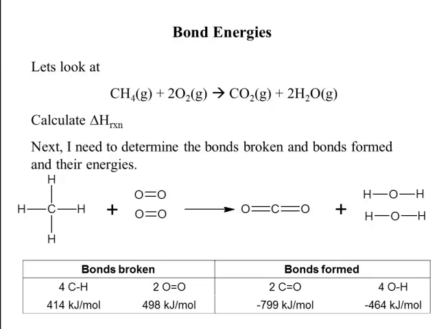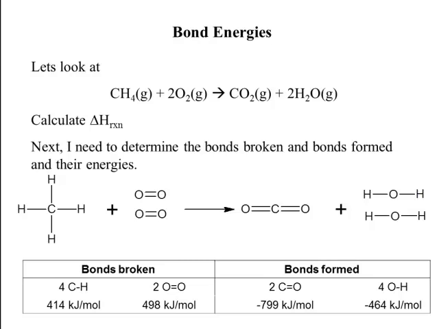All right, I'm going to have 2 oxygen-oxygen double bonds. The energy associated with an oxygen-oxygen double bond is 498 kilojoules per mole. Those are positive. Why are they positive? Well, because those are bonds that are being broken. Remember, if I break the bonds, I have to put that energy in. It's an endothermic process. I have a positive delta H associated with that.